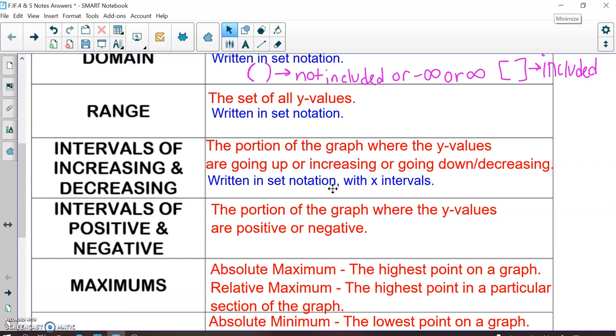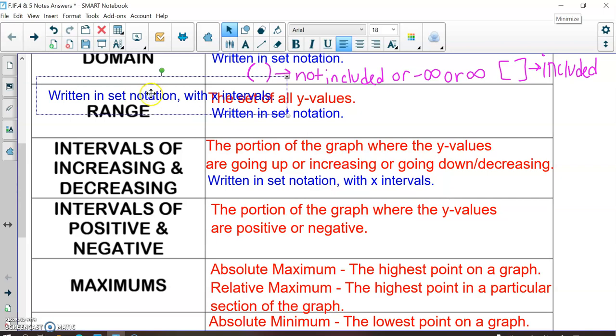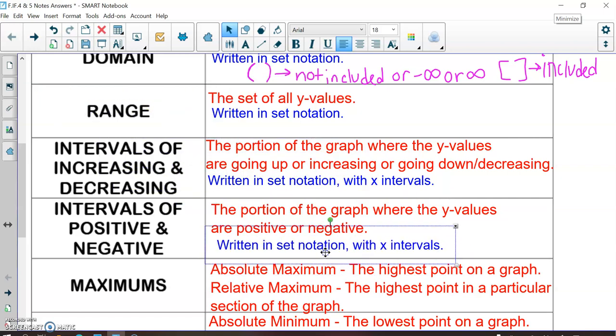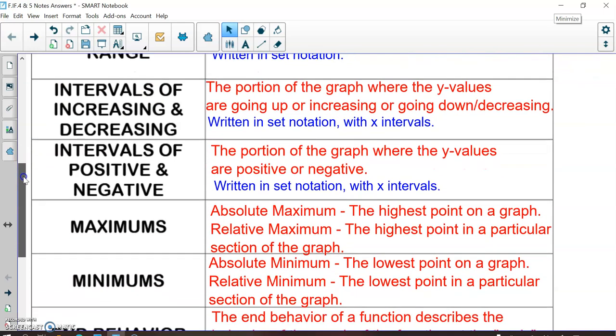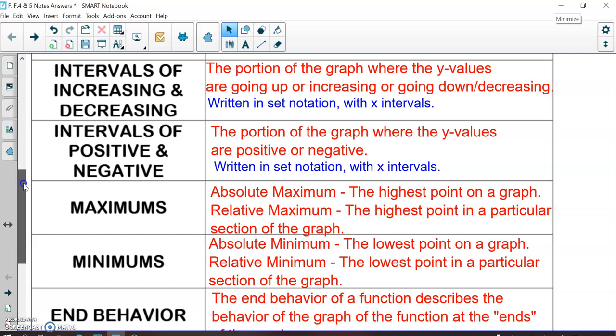And then same with intervals of positive or negative. This is the portion of the graph where the y values are positive or negative. And we write this also in set notation, and we're only going to be writing the x values within our intervals, within our set notation. All right, maximums. There's two types of maximums. There's something called an absolute maximum.